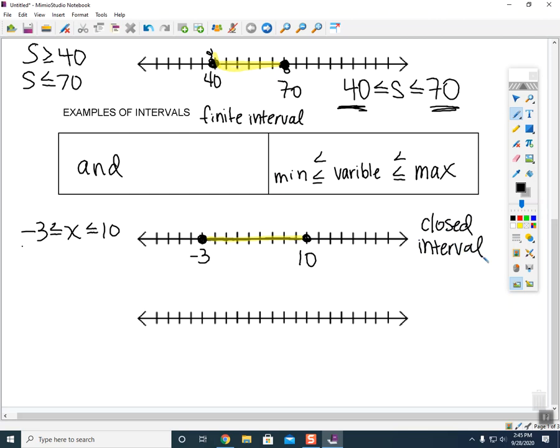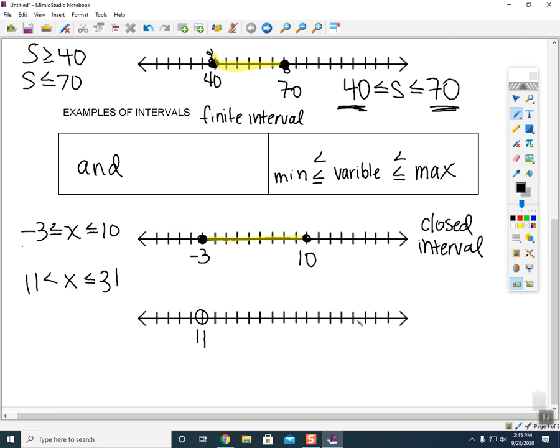Okay, another example. I may have 11. 11 is Monte Morris's number. I love Monte Morris. 11 is less than x, is less than or equal to, let's go 31 for George Niang. So I've got 11 is less than x. That's going to be an open dot at 11. And then I've got x is less than or equal to 31.